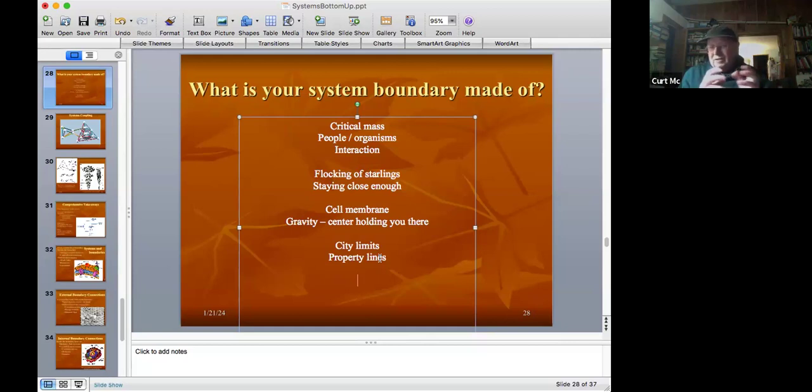Another one I like to use is a company has a physical boundary, right? At least, I'm talking about old school companies, of a building that's got doors. And so you let certain people in or out, and maybe the doors have screens, and maybe you let air in and out, but not bugs.